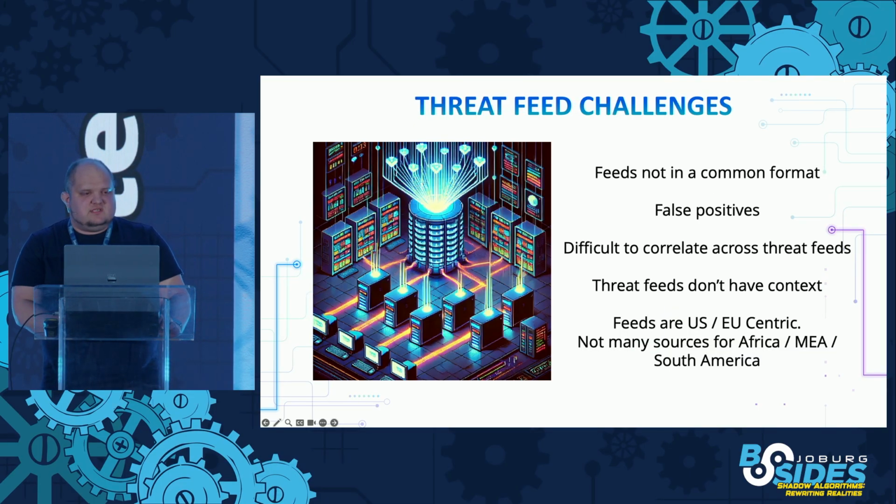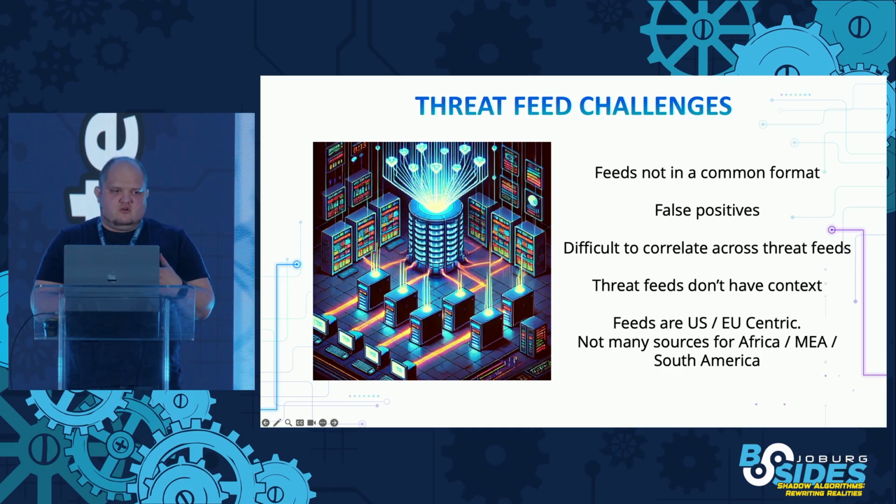Some of the challenges are that a lot of these feeds are not in a common format, so you have to do quite a bit of processing to extract information out of them. There's a lot of false positives. It's difficult to correlate between different threat feeds. Some of the threat feeds don't have context. So, for example, if you see a spike of certain behavior, you might not know why that's the case. You might need to investigate further, but sometimes you might not know why certain things are actually happening.